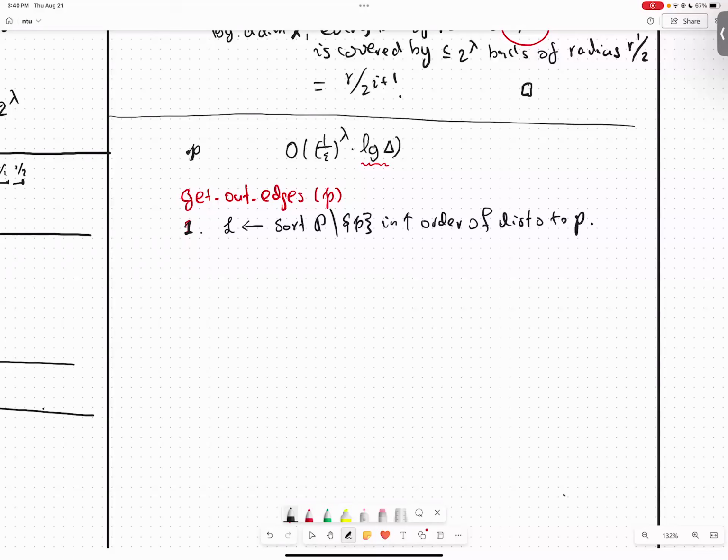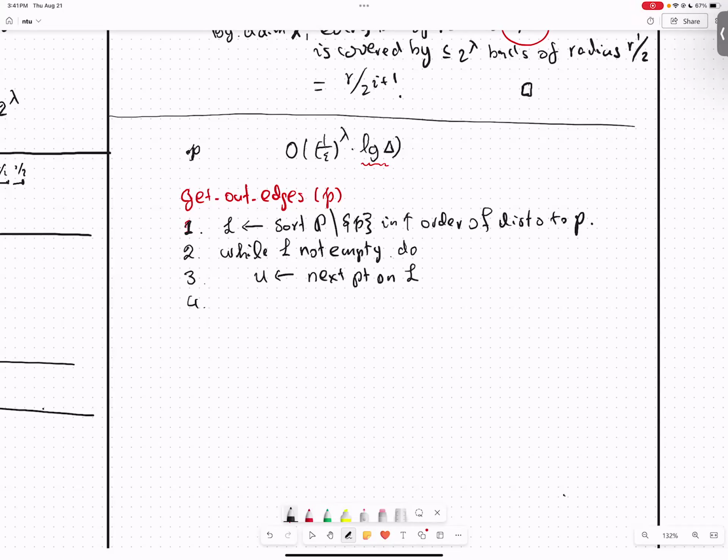And then you process the sorted list one by one. If this sorted list is empty, you are done. But if L is not empty, you do the following. First of all, you get the next point on L.